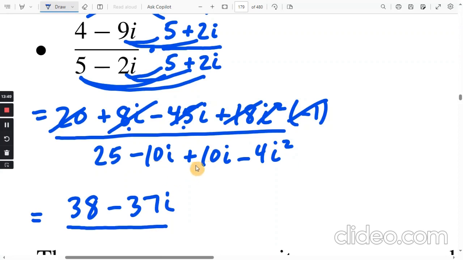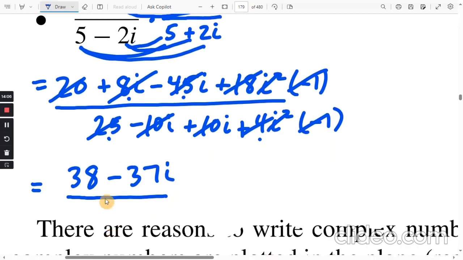Negative 10i plus 10i, that's gone. i squared is the equivalent of negative 1. And negative 4 times negative 1 is positive 4. Finally, like terms, 25 plus 4, that's 29.